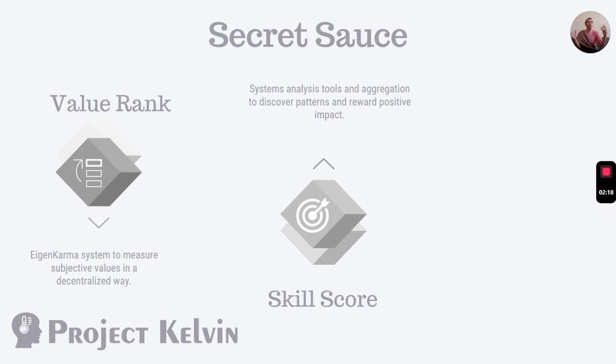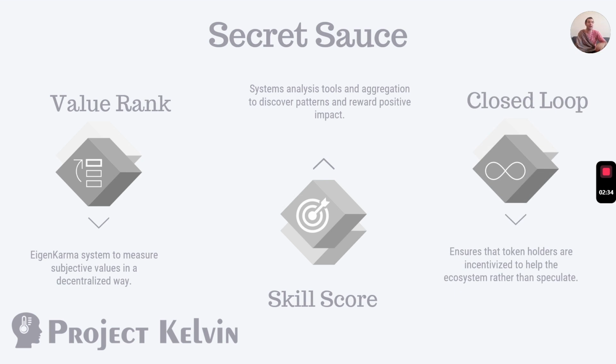All of those impact analyses get aggregated together using the latest research from the Good Judgment Project to get predictions that are accurate. And finally, you saw a closed loop system where the same tokens that you're being rewarded in are actually also being rated. So you're actually incentivized to continue to spend those tokens in good ways over time.